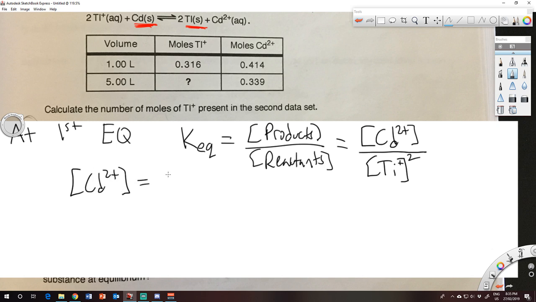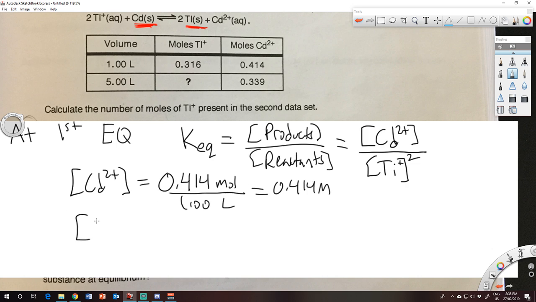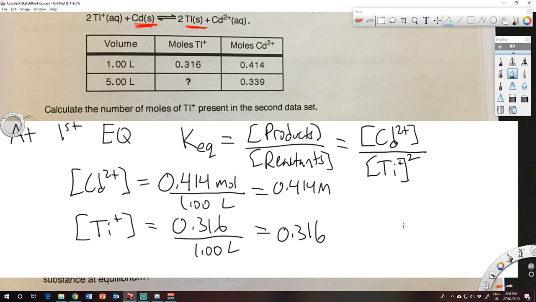At least the first one's a 1 liter container, so that's easy. 0.414 moles divided by 1.00 liters. Easy enough calculation. And then repeat for the concentration of the titanium. I'm just gonna pretend it's titanium. Sometimes I can't tell whether it's an I or an L. So this becomes 0.339.